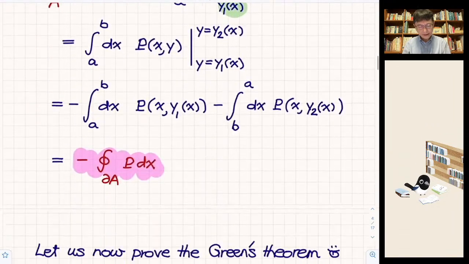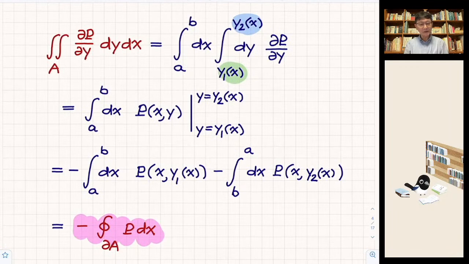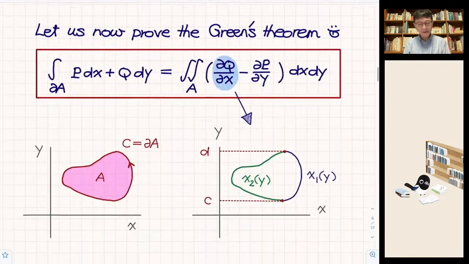So that denotes the boundary of the area A. So that said, we finally got this first interesting result. That is, this area integral can now be turned into this circulation. That is, this P dx along the contour integral. So that's half of the theorem. What about the other half? Well, okay.